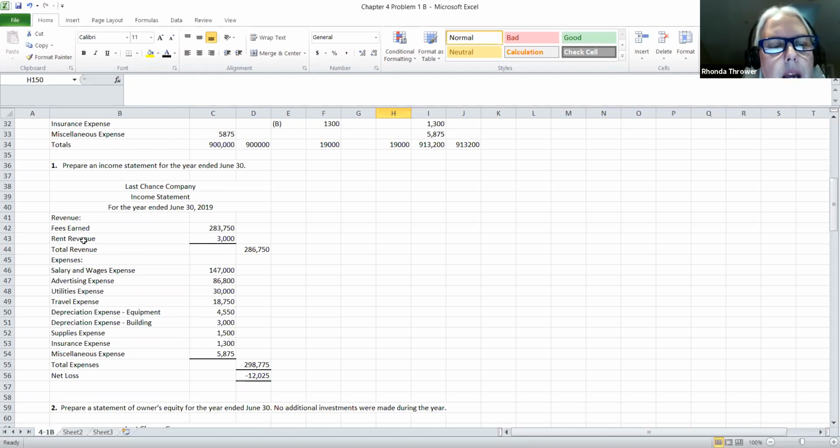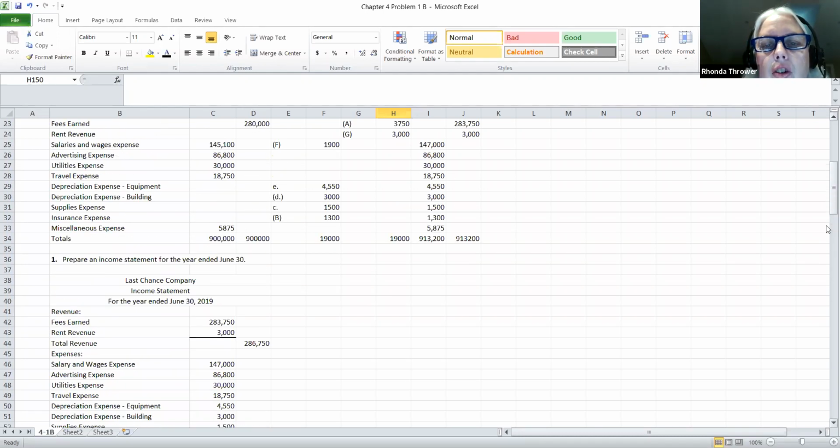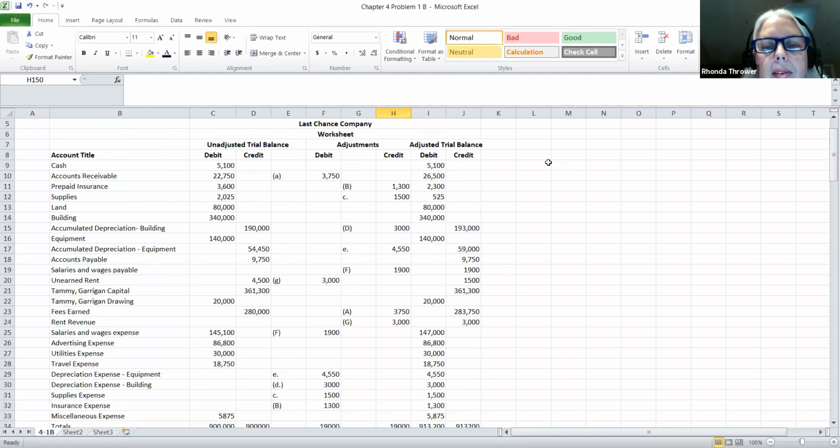You get these revenue accounts from your ledger. But if you prepared, and you should have, an adjusted trial balance, the amounts will come from the adjusted trial balance that you prepared.